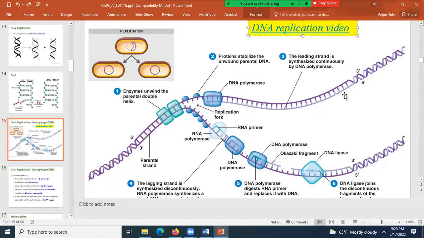Where the DNA first started, there will be a gap between this nucleotide and that nucleotide, because we're going to say that nucleotide was the original nucleotide, and then this one was a newly added nucleotide by this DNA polymerase.